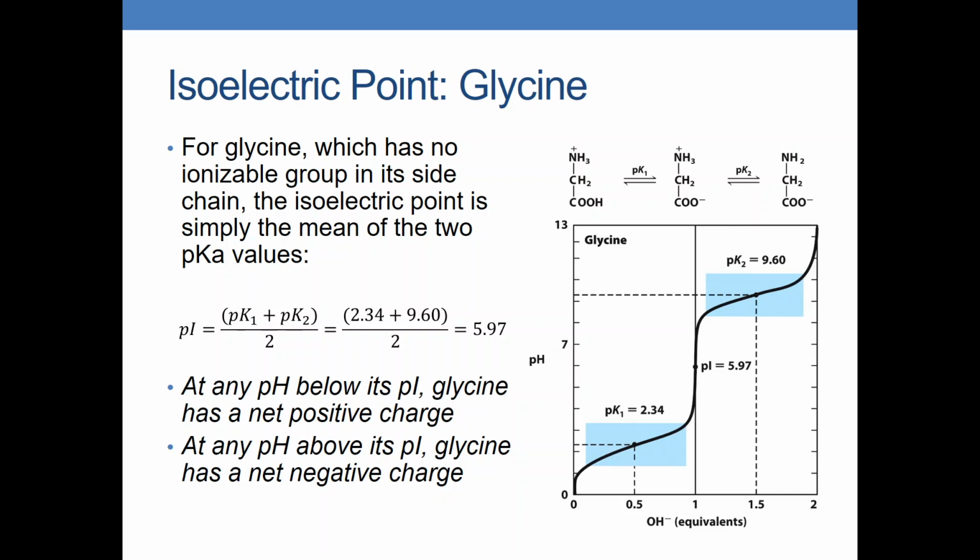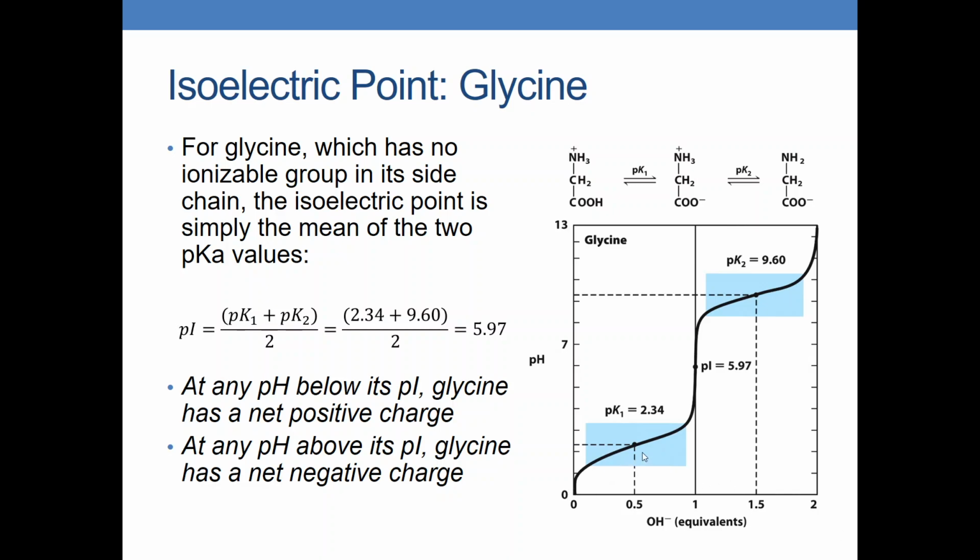And for that reason, you can do the identical analysis that you would do for a monoprotic acid. At the midpoint of each stage, you have equal molar concentrations of acid and conjugate base. So remember, when we looked at buffers, we always had a midpoint. You had an effective buffering range, and that's actually what is defined by this blue box here and up here. And the midpoint corresponded to the condition wherein you had equivalent amounts of acid and conjugate base.